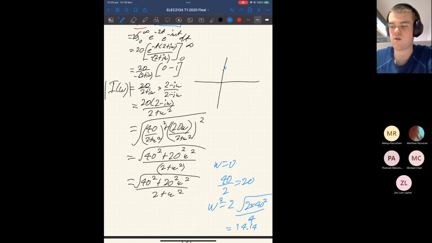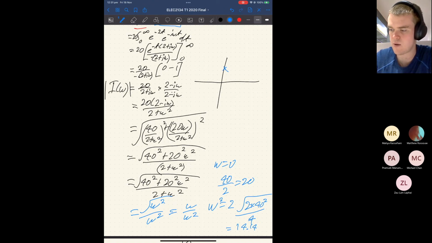And then as omega approaches infinity, we are eventually going to get the square root of omega squared on omega squared, which is omega on omega squared. So it's eventually going to go to 0. Maybe something like that. And then I put that point there as omega equal to root 2, which gives you 14.14.